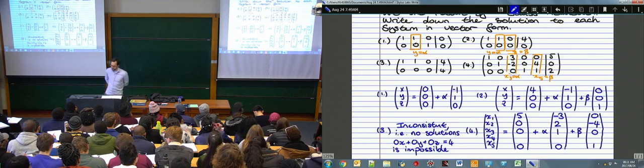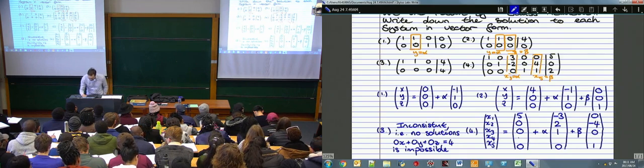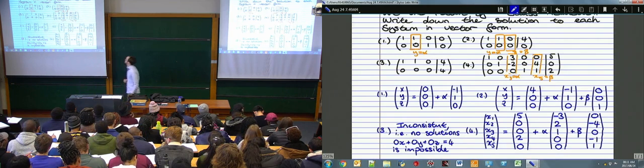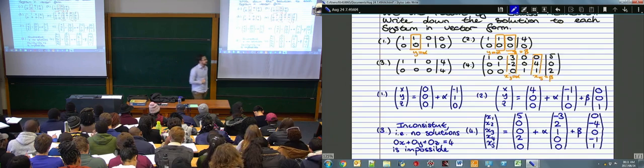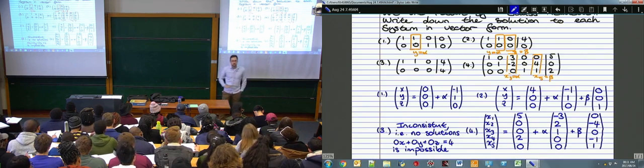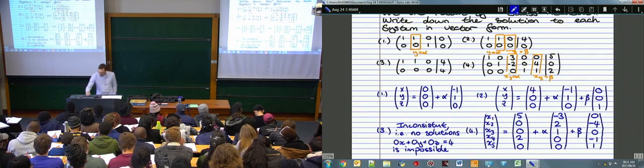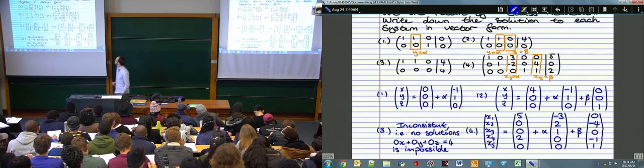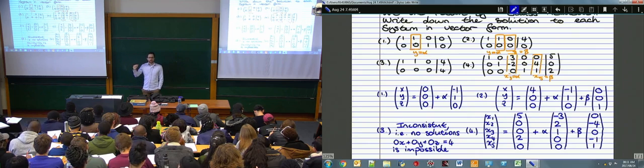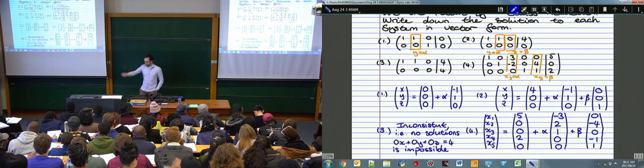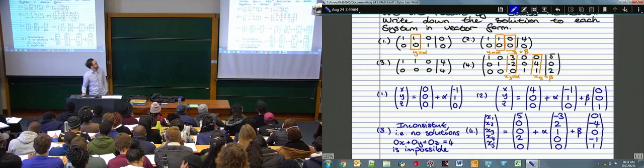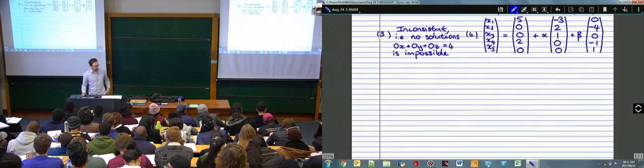So x4 is equal to 2 minus beta. Again, there's a 0 over there. And so we've written down solutions for these augmented matrices. Is everyone happy with this? Yeah. Okay, so we're going to move on now to the next section, which is generating sets.